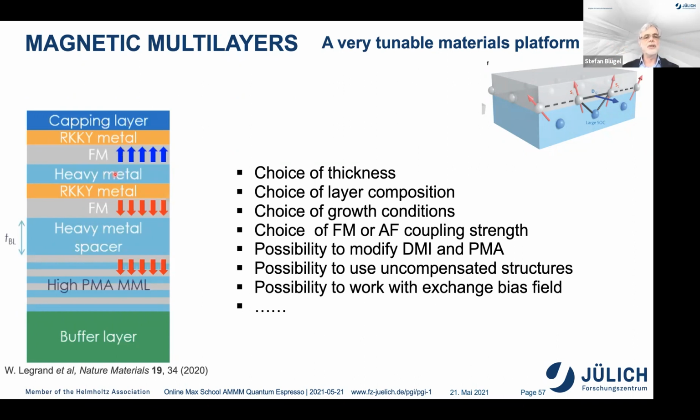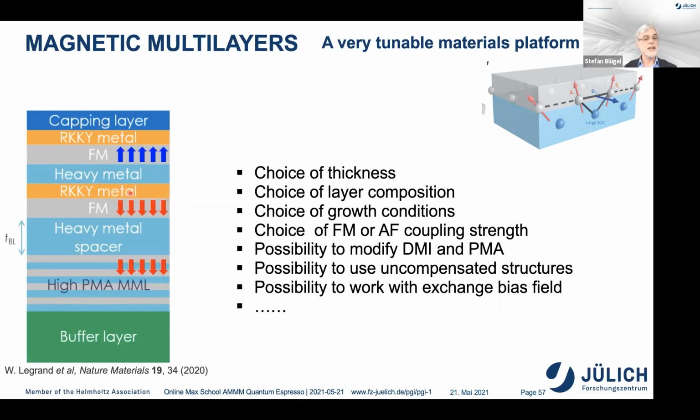So you need heavy materials like platinum, for example, or iridium for a large spin-orbit interaction. You need ferromagnetic material, cobalt, for example. You have to organize this material such that your magnetization is perpendicular. Then what you want is that the ferromagnetic layer should couple antiferromagnetically to the next layer.